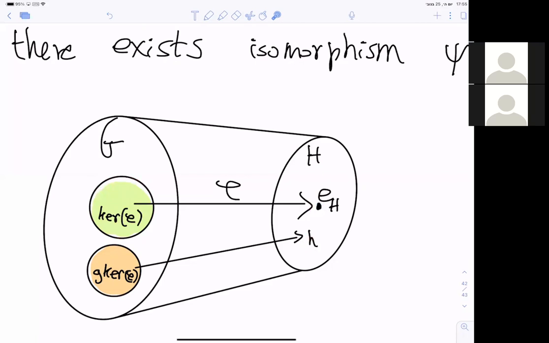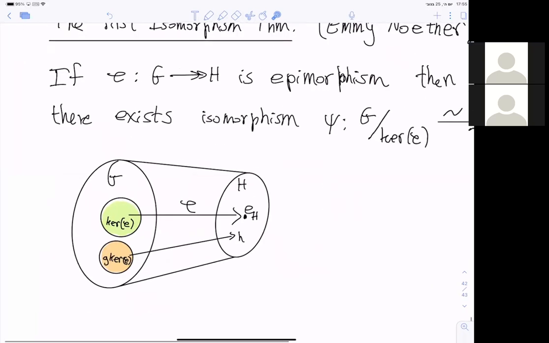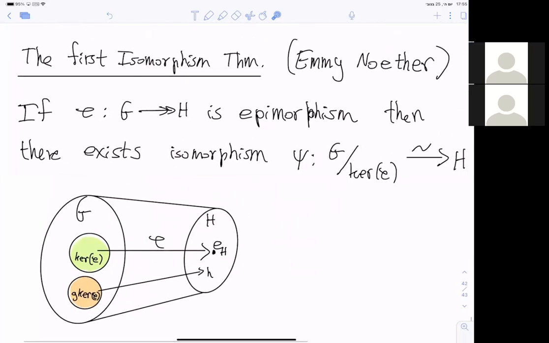So this is how you get the isomorphism. Do you see what I mean? You don't have two circles that go to the same target. So, just to be clear, there's an isomorphism between the equivalence classes in G and H. Exactly. Yes.